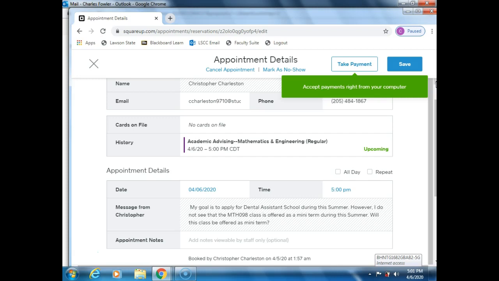Now, you see, in a regular term, a full-term class is 16 weeks, so a mini-term is 8 weeks. So the whole summer term is just a little bit longer than a regular mini-term. So it's already almost like a mini-term course. So no, we don't offer a 5-week course. Is that what you were asking?